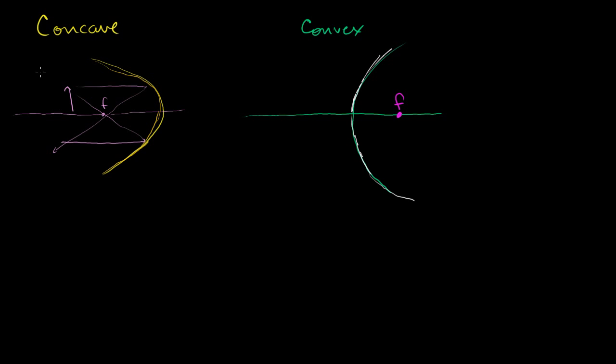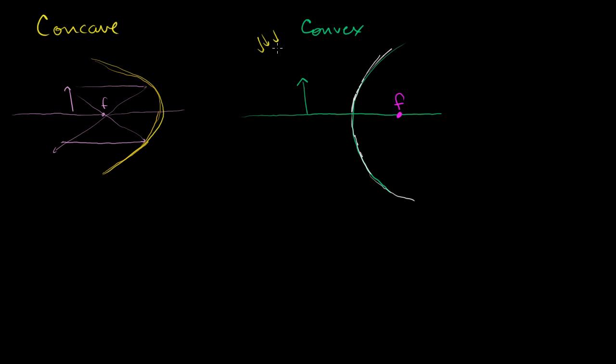And let's think about what would happen if I put an object over here on the outside, assuming that this is a reflective surface. So if I put an object over here, what is going to happen? Let's just do the same exercise. We're going to have one parallel ray. And you can do this for rays that go in any direction from any of these points, because there's some light source over here.